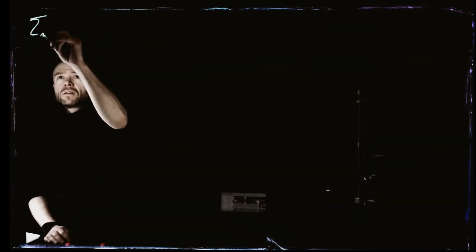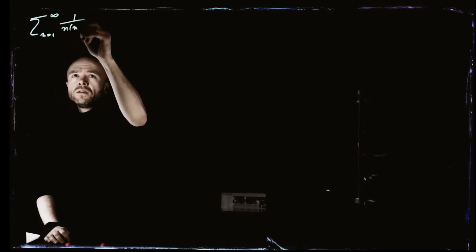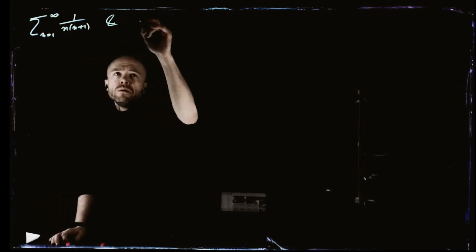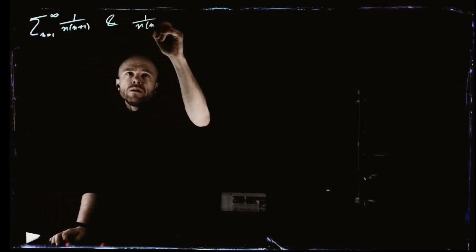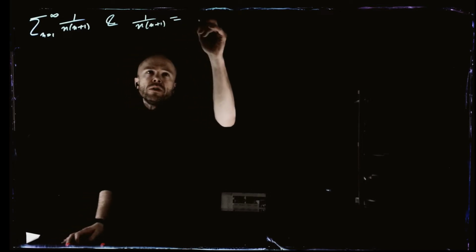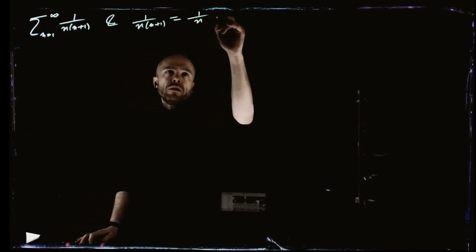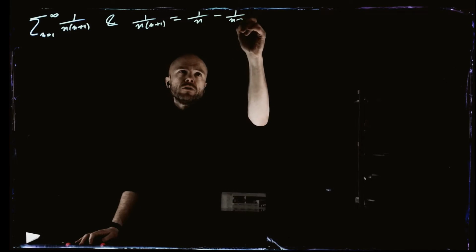All right, so what did we get? We were summing this thing, n equals 1 to infinity, 1 over n times n plus 1, and we know that 1 over n times n plus 1 is the same as 1 over n minus 1 over n plus 1.